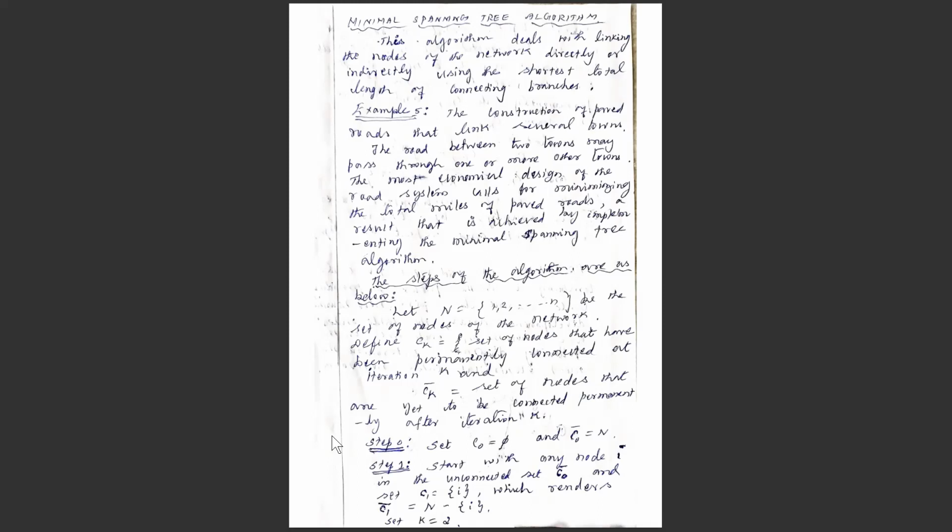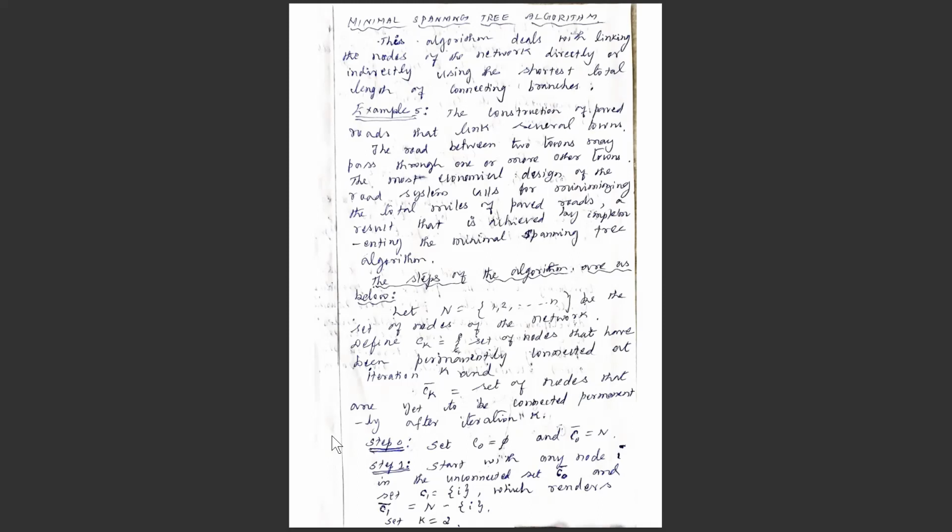Step 0, that is the initial step. Set C0 equal to empty and C0 bar equal to N. So initially, all the nodes are yet to be connected permanently. So they fall in C0 bar. Initially C0 is empty. No nodes are permanently connected. Step 1.